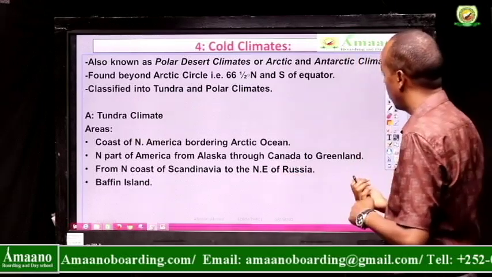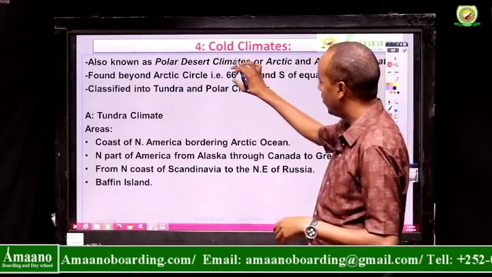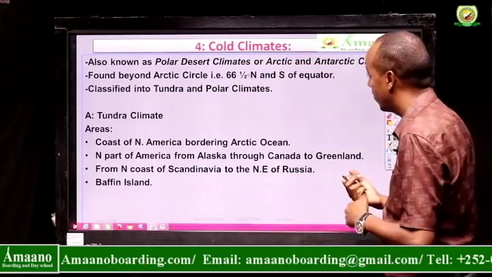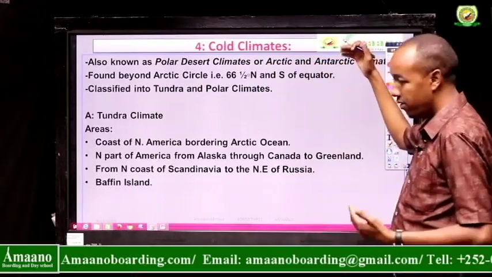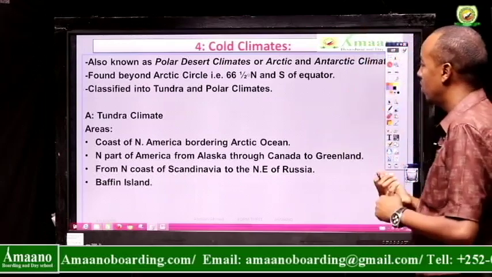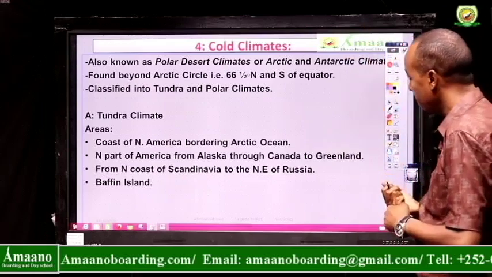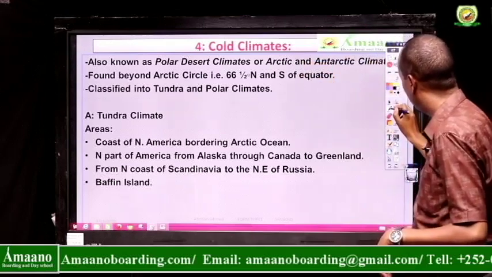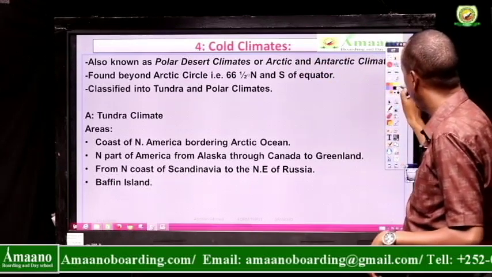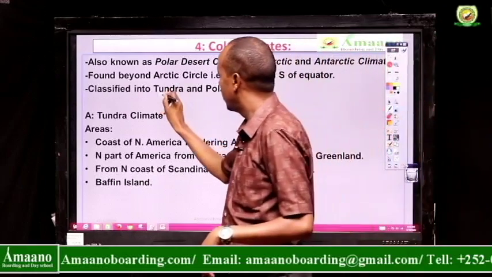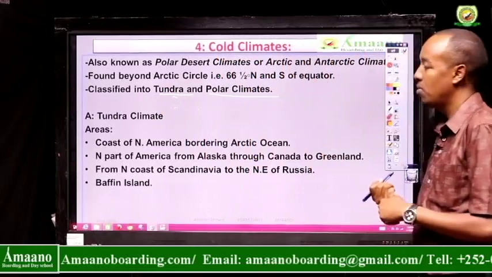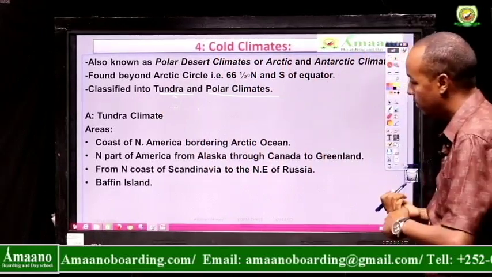In terms of latitude, this is the latitude that the cold climates are found, 66.5 degrees both sides, the southern hemisphere and the northern hemisphere. So now the cold climate is categorized into 2 types. The first one is called tundra, and the second one is polar climate. Tundra and polar climate. So we'll talk about each one.